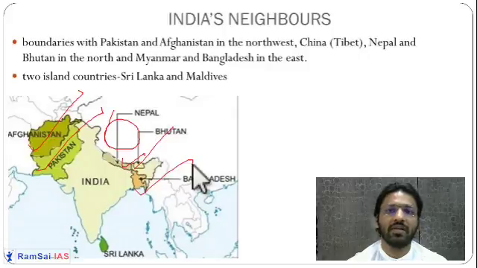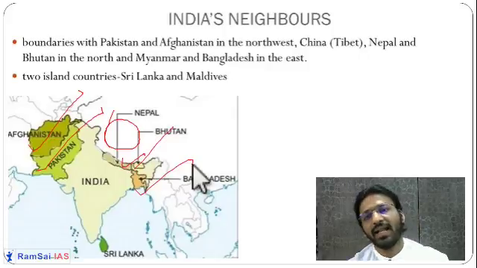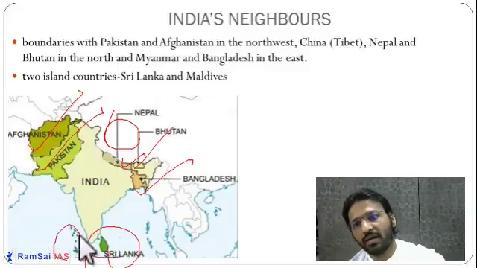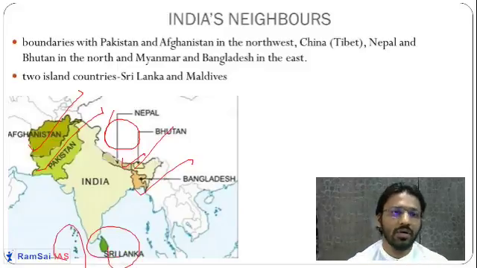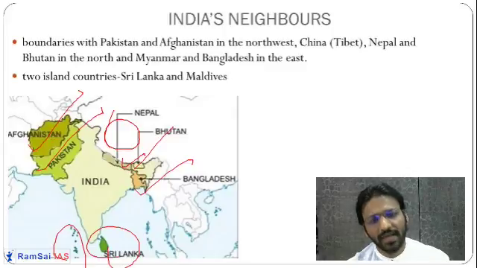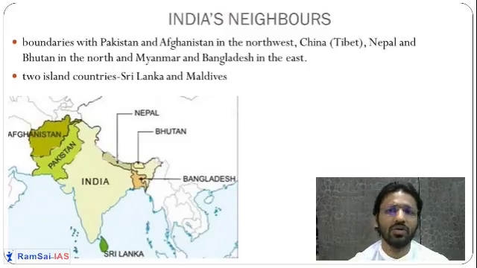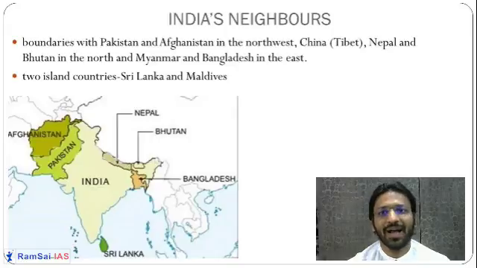The island countries in the Indian Ocean are Sri Lanka and Maldives. Friends, these are the same things which have been repeated. I hope you have understood. A very small chapter; you may wonder how quickly it finished.